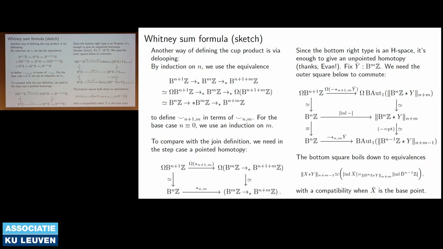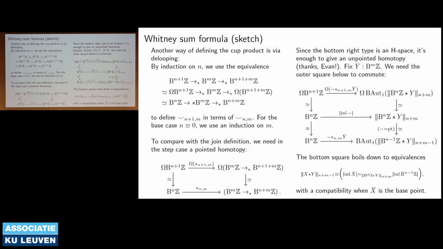Of course, when n and m are both 0, you have the bilinear product on the integers from the ring structure. Okay, so to prove that the truncated join definition is another correct definition of cup products, we have to show that it satisfies the same recursion equation as we do in the induction on n or on m.